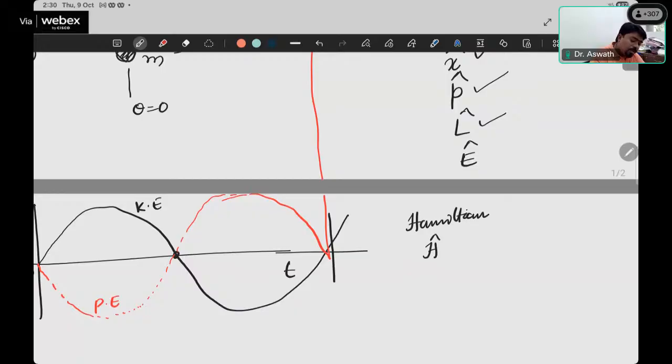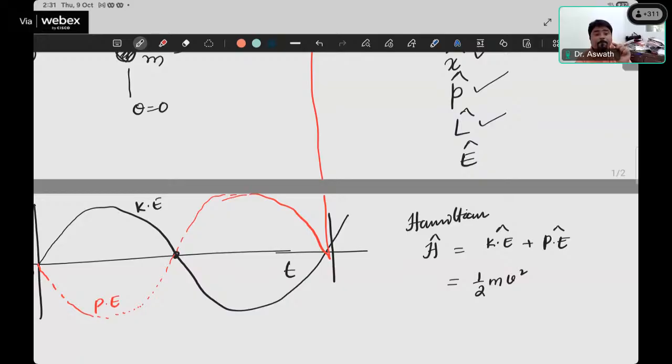What is this Hamiltonian? We put a hat on the observables, which are going to be the kinetic energy observable hat and the potential energy observable hat. By the way, I know kinetic energy is usually half mv squared. Remember one trick here. The mass of an object is not going to change whether I am talking about a quantum system or a classical system.